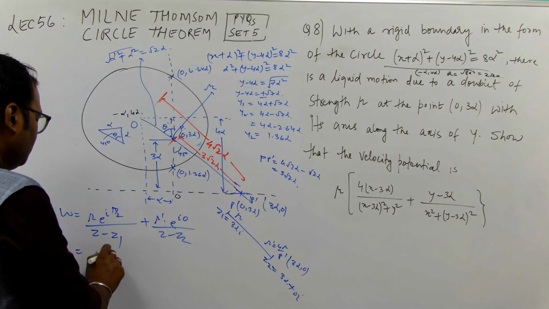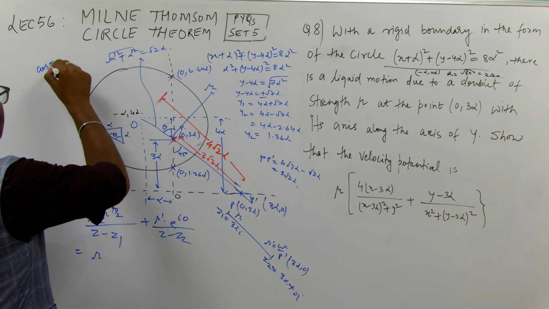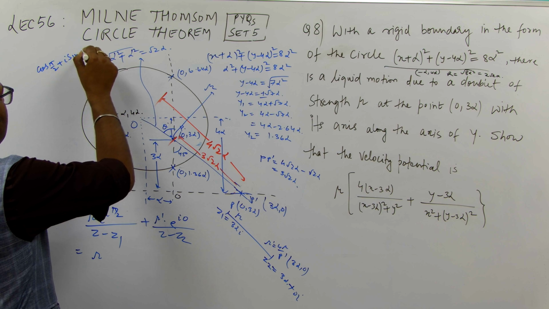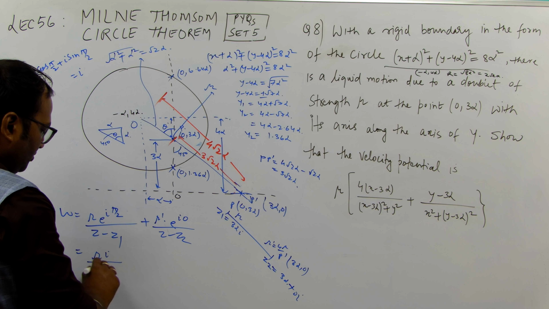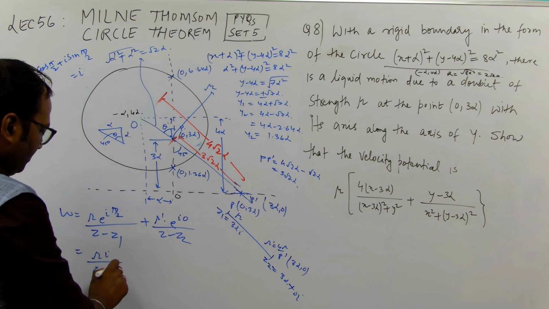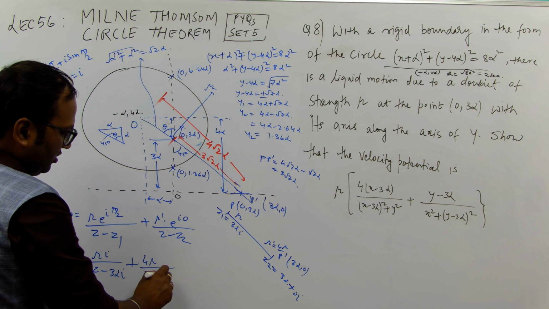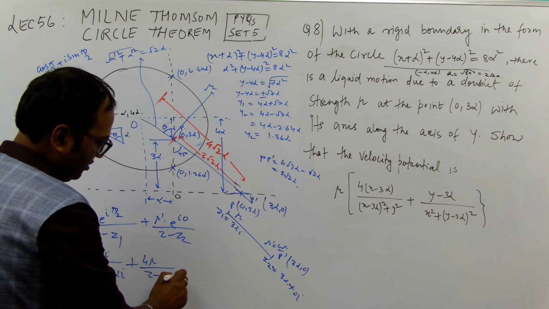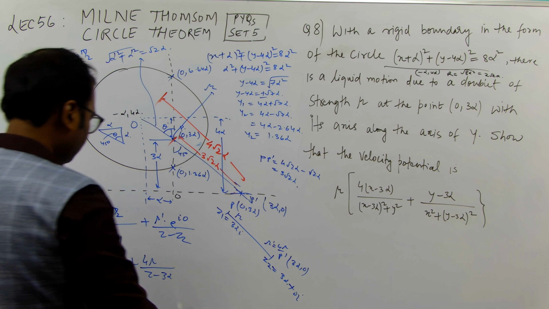So this is mu into e to the power I pi by 2. So cos pi by 2 plus I sin pi by 2 is equal to I. So this is I upon z minus z1. So z1 is 3 alpha I plus mu dash is equal to 4 mu upon z minus z2, z2 is 3 alpha. Okay, so let us further simplify this.